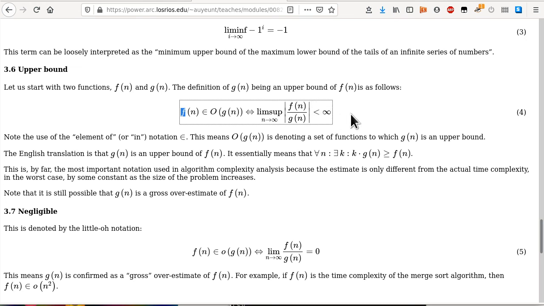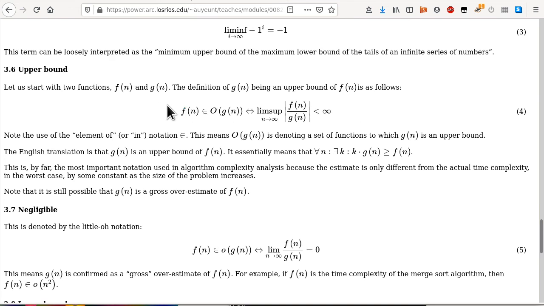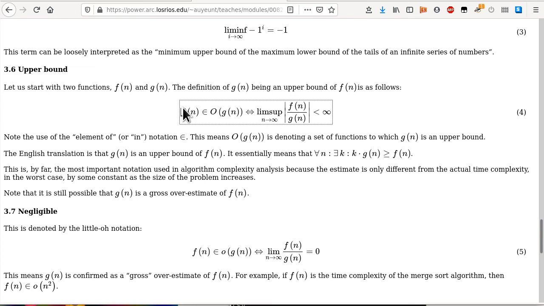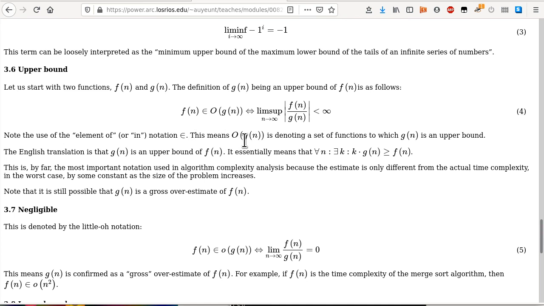You look at this and think that seems awkward, so let's interpret it from left to right. First, f of n is an element of big O of g of n. What does that mean? In the notes, which I just added today, big O of g of n is a set.